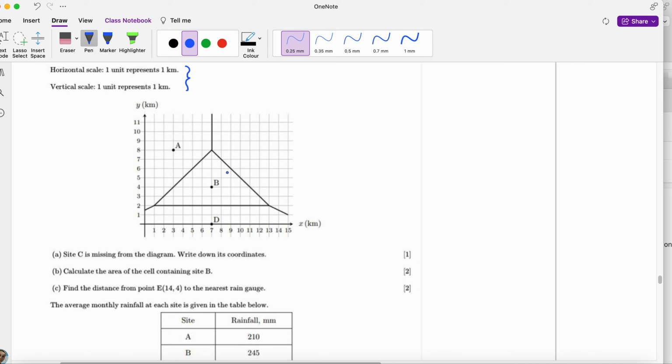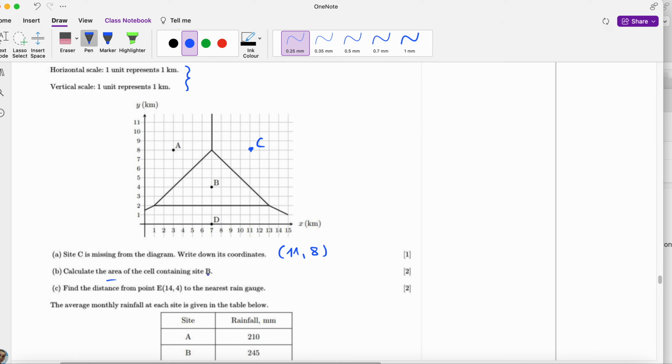You know that this edge divides A and this, and since this is a vertical edge, I can just go 1, 2, 3, 4, and you know that this is where C is going to be. What are the coordinates of C? C is going to be at 11 and 8. Good.